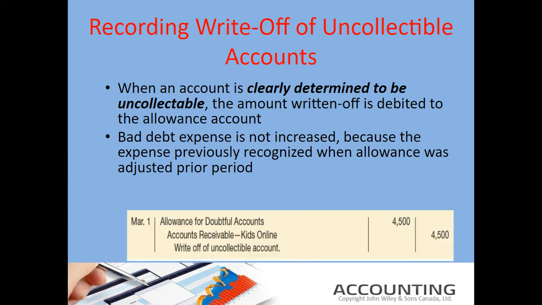So when I do an uncollectible account, when I write off an account, I simply debit allowance for doubtful accounts, which lowers the balance of my AFDA, and I credit accounts receivable to wipe out that balance. So it no longer looks like I have anybody owing me anything, and the AFDA is adjusted to show a true value.